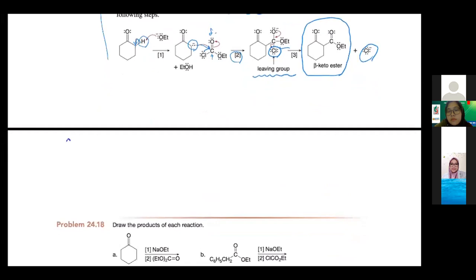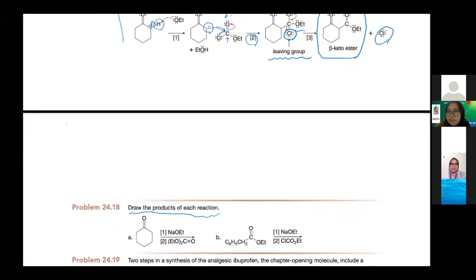Okay, next is draw the product of each reaction. Yes, please consider this reaction. Draw the hexagon, already this one is the starting material.